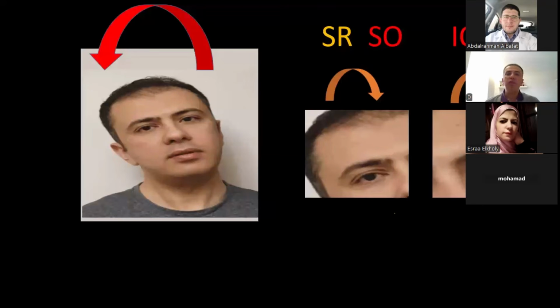So the mere effect will be intorsion by two actions, and the elevation effect of the superior rectus will neutralize the depression effect of the superior oblique. So the eye will be intorted without elevation or depression, because one of them is elevating with intorsion, and the other is depressing with intorsion, so the eye will only be intorted.